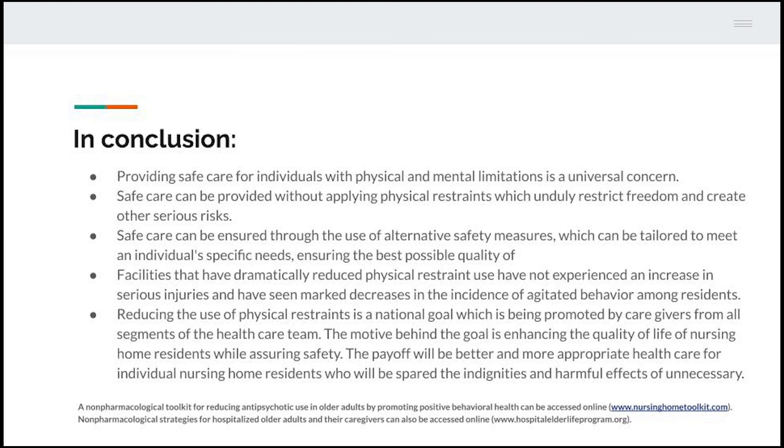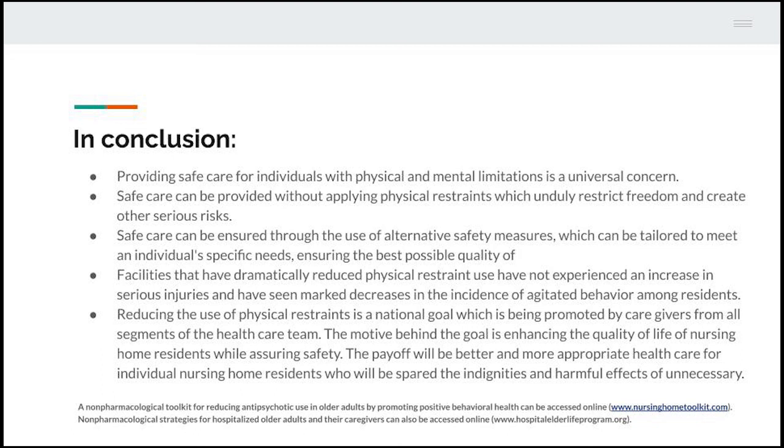In conclusion, providing safe care for individuals with physical and mental limitations is, of course, a universal concern. But safe care can be provided without applying physical restraints, which unduly restrict freedom and create other serious risks.